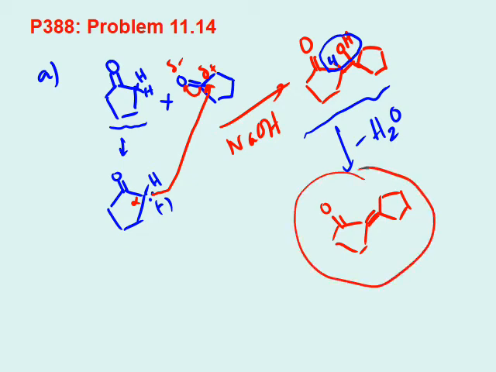This is the enone product that you can get from beta hydroxy ketone. And this is a very typical reaction, and you can try the other problems yourself.